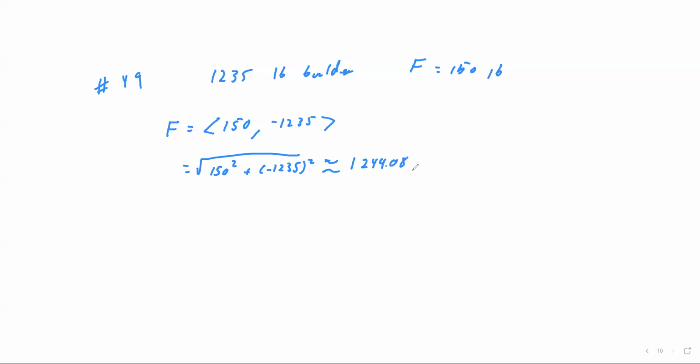So that would be your magnitude there. And then that, of course, the units, because this is a word problem, would be pounds, or LB for short.